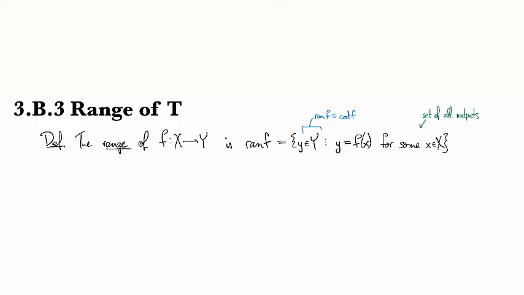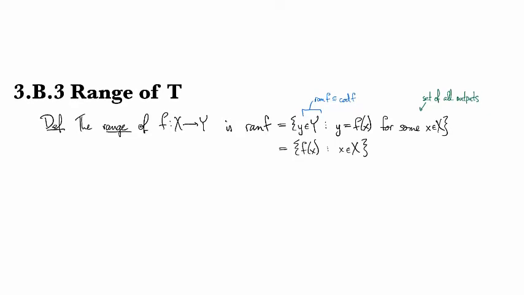And so we can write this in the form of an indexed set by saying that this is everything with the form f of x, where x ranges through the domain of f. So it's all possible outputs for any of the given inputs. And then it's sometimes even denoted for short as f of the big set X.